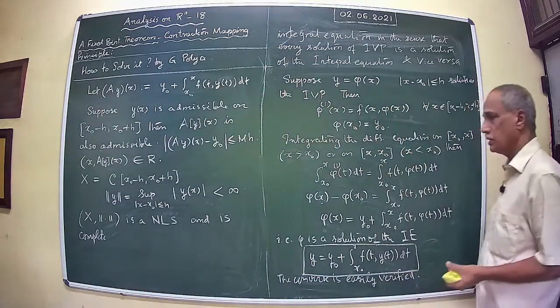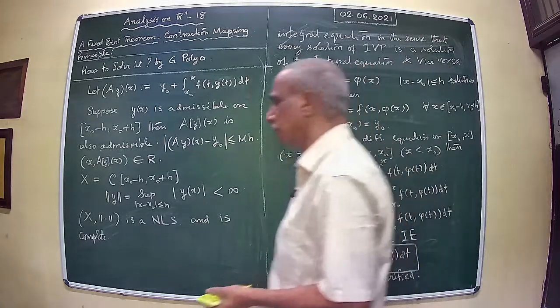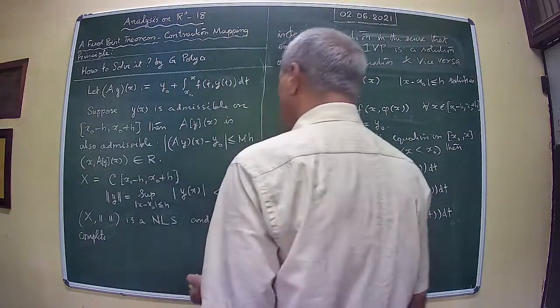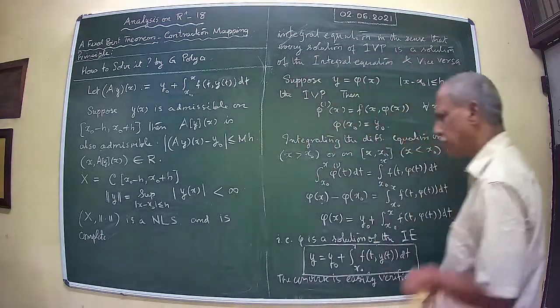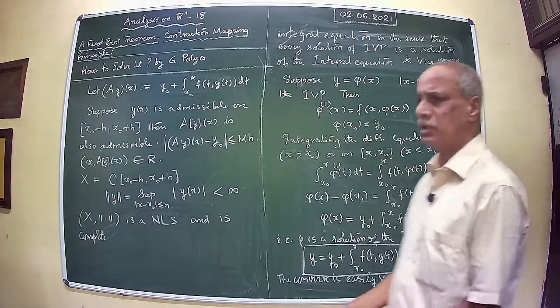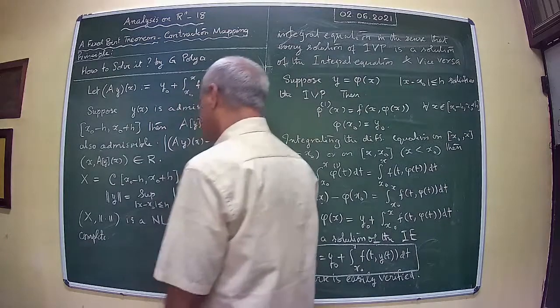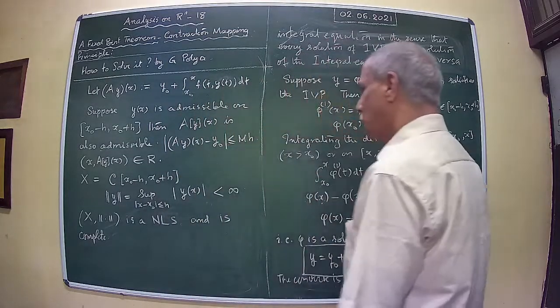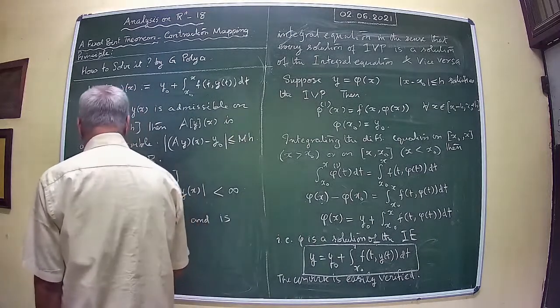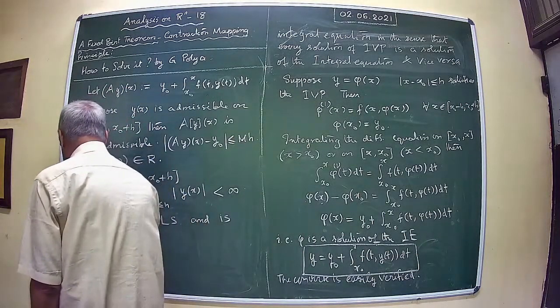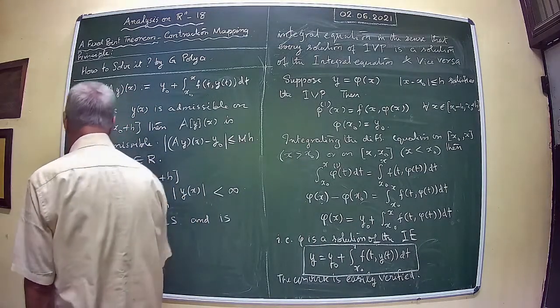All continuous functions on the compact interval x naught minus h to x naught plus h with the sup norm is a complete normed linear space, which assures you that all Cauchy sequences on this are convergent. Now what do you do? Look at this. So the question that you want to ask is this.